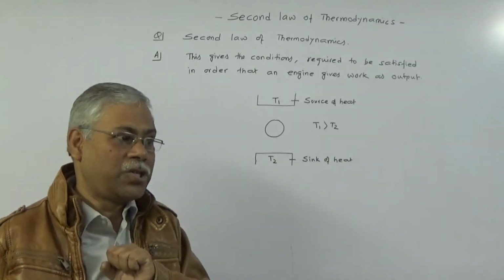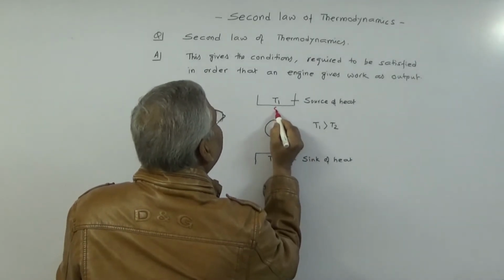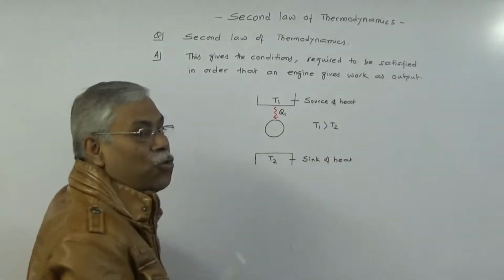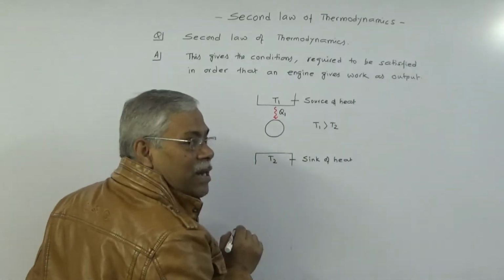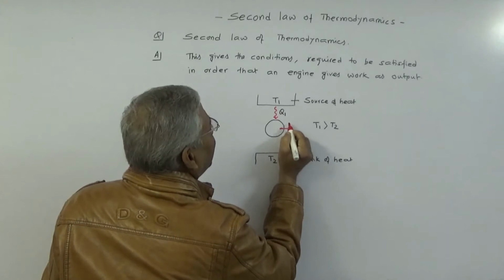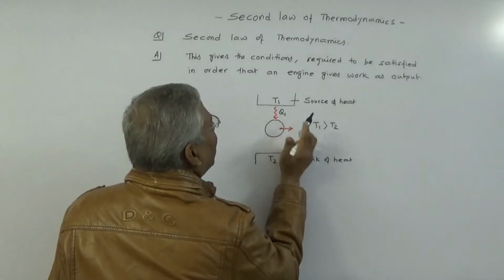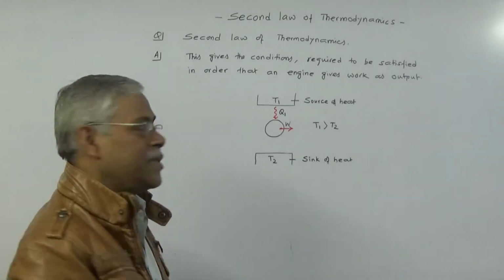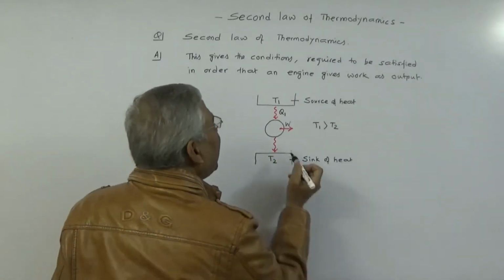Let this heat be Q1. Then the engine will convert only a part of this heat into work, and the remaining heat is rejected to the sink, the body at lower temperature.